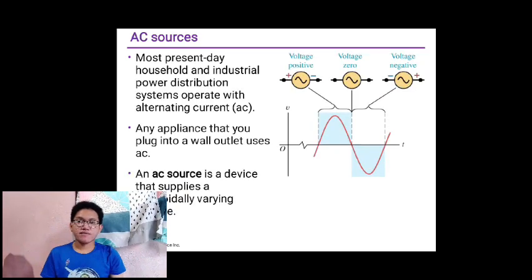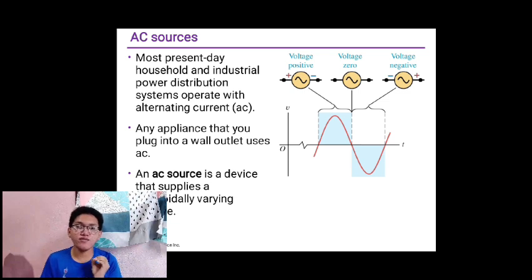AC sources: most modern power distribution systems use alternating current. Every appliance that we plug into a wall outlet uses AC. An AC source supplies a sinusoidally varying voltage, meaning the voltage continuously increases and decreases in a smooth wave-like pattern.